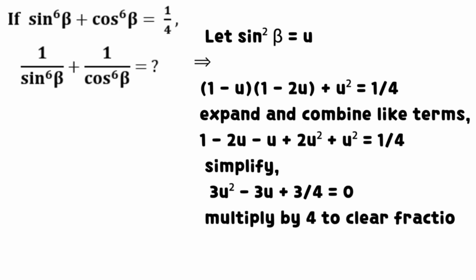Expand and combine like terms. Simplify, and we have that 3 times the square of u minus 3 times u plus 3 divided by 4 equals 0. Multiply by 4 to clear the fraction.